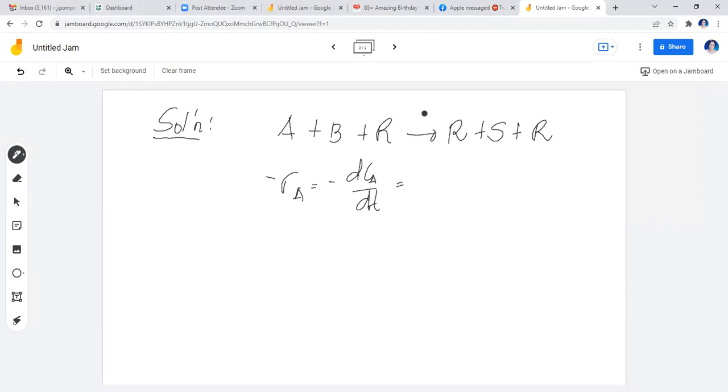Aina, how should I write the rate law? Okay, I have the answer here already. Thank you, Via. So we write the rate law as K, C sub A, C sub B, C sub R.